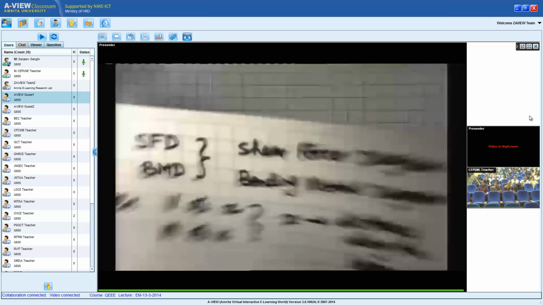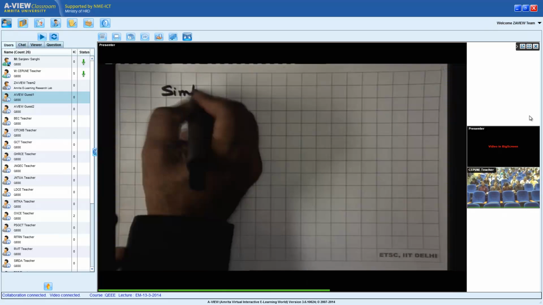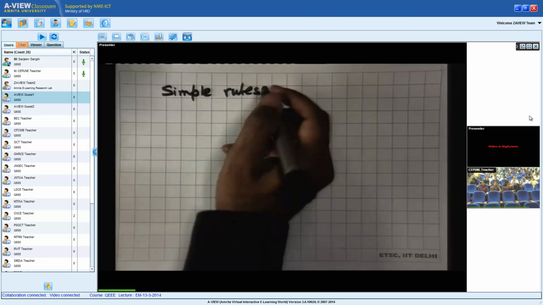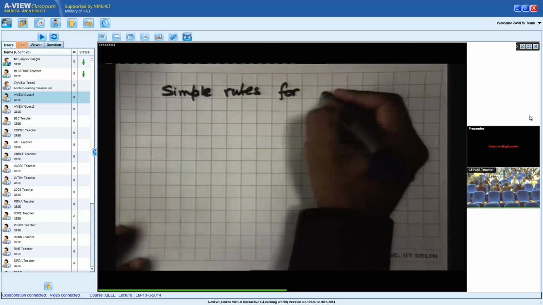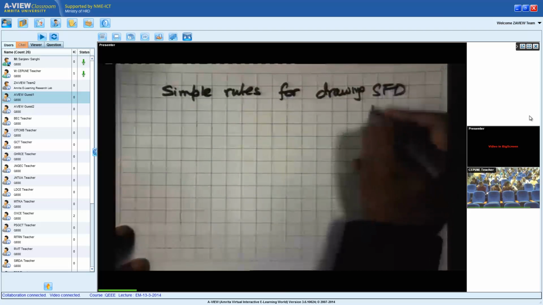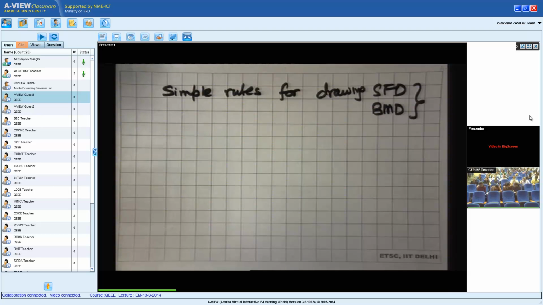Okay. So now let us see some simple rules for drawing the shear force diagram and bending moment diagram.